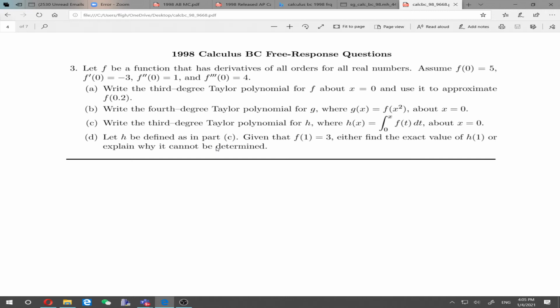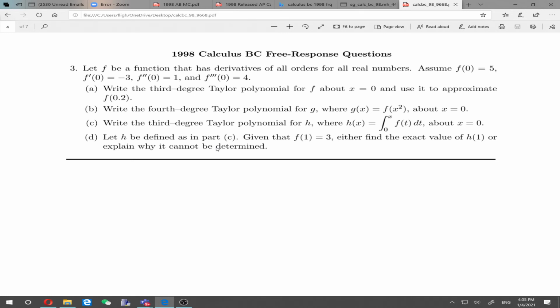I want to write a third degree Taylor polynomial for f about 0 and then use it to approximate f at 0.2. What do I need to do first? Let's set up a Taylor series.